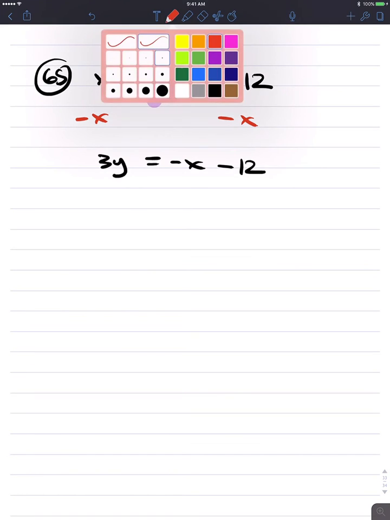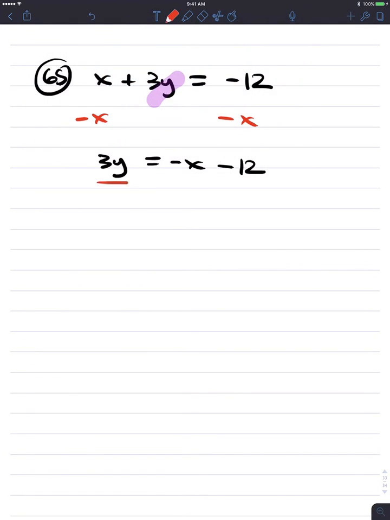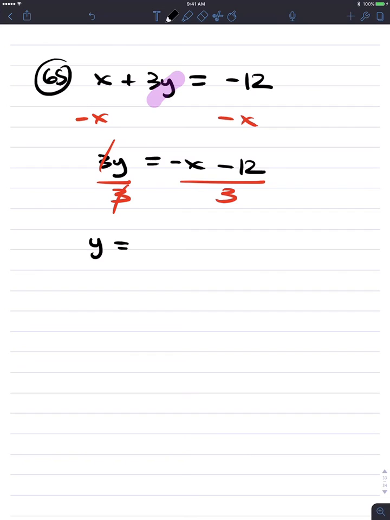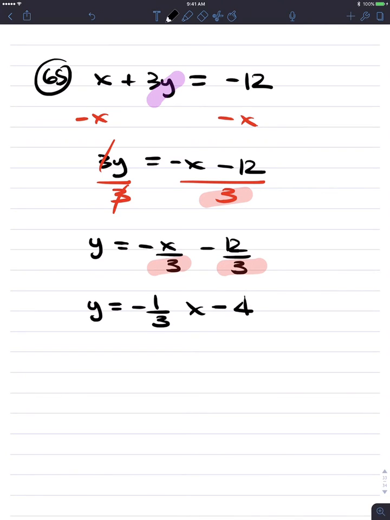We're going to have to undo multiplication of y with 3 by dividing by 3. We end up with y being negative x over 3 minus 12 over 3. Don't forget, 3 is dividing both terms. So we'll end up with y being negative 1/3 x minus 12 over 3, which is 4. And we're done.